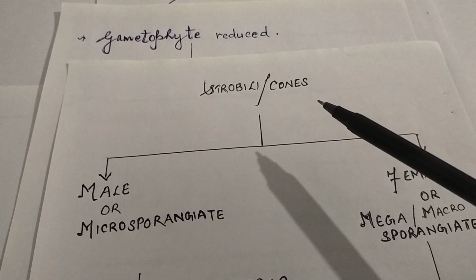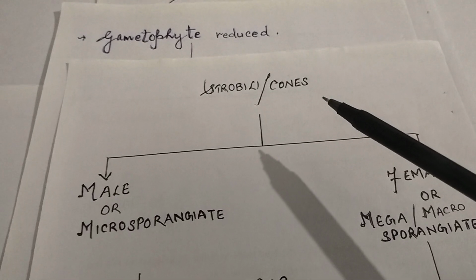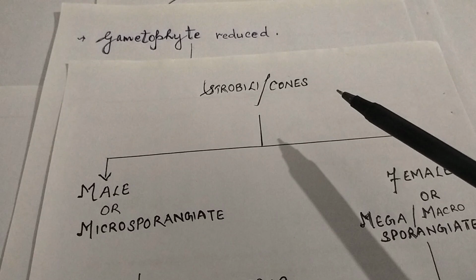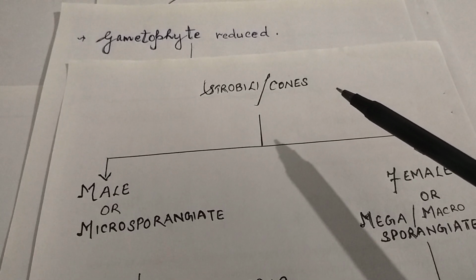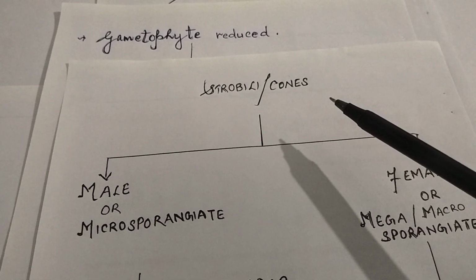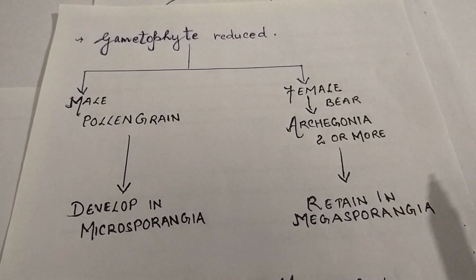For example, pinus. Remember the example. And in some cases, the male and female cones are found on different trees. That is, the example is cycas. Okay. In cycas, male and female cones are on different trees.